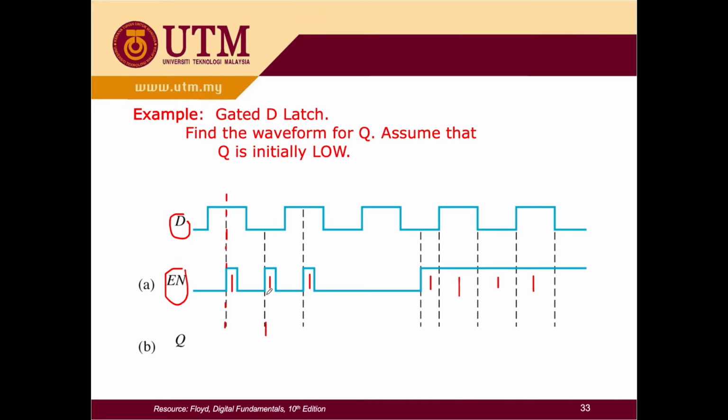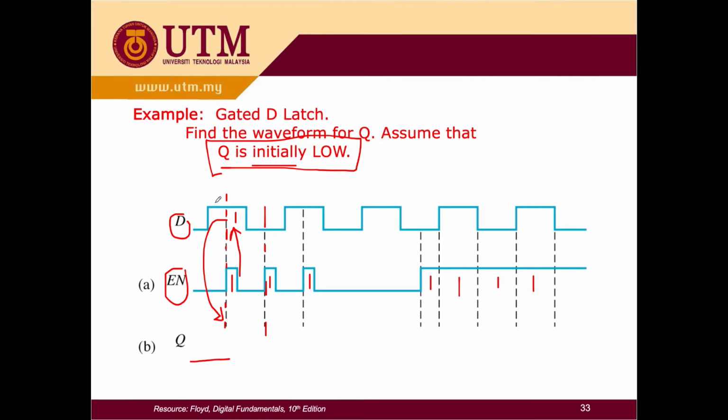Then when you have drawn the dotted line, you refer to your D. Okay, over here your D is 1, so you copy and paste it. And in the question, you will notice that you are always given the initial value of your Q output. So for your Q, which is the output, they normally give the initial value. Over here you can see your initial value is low.